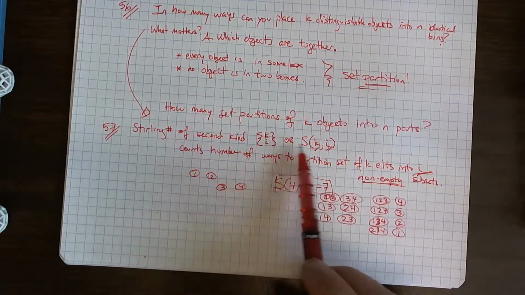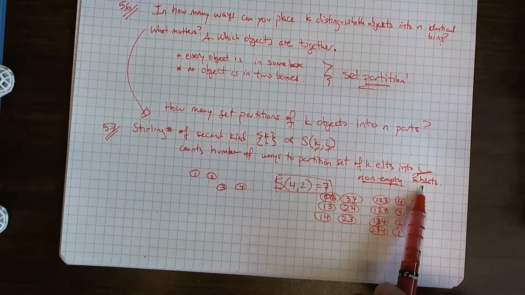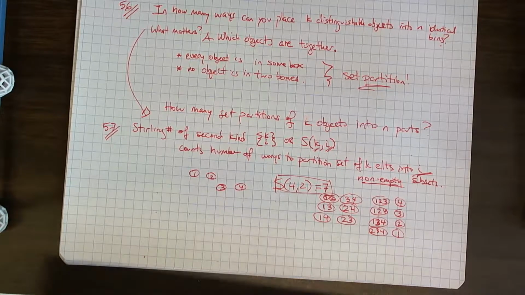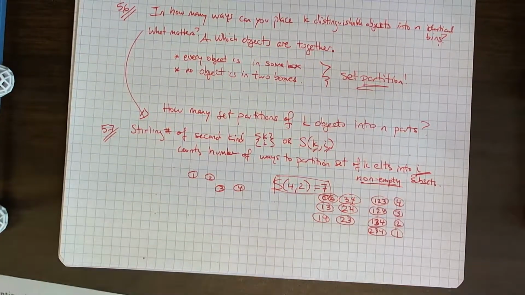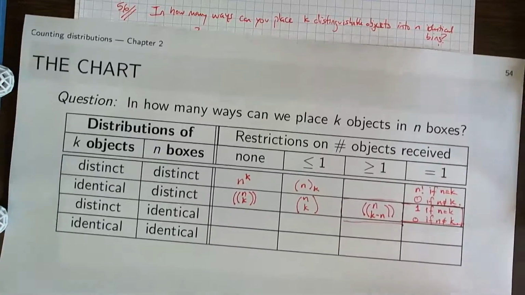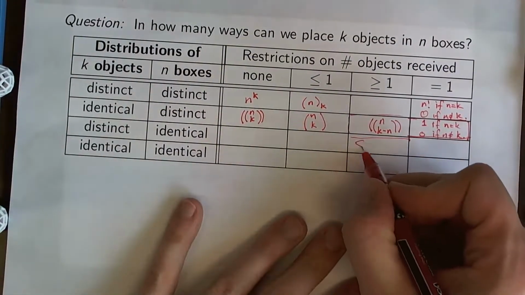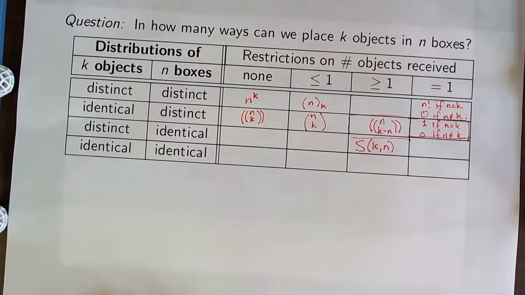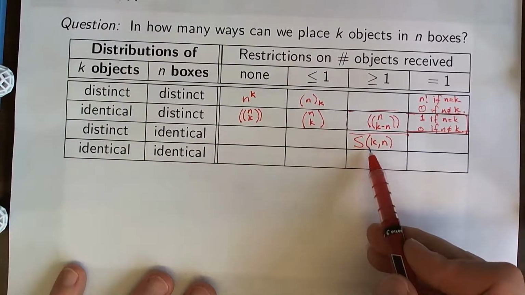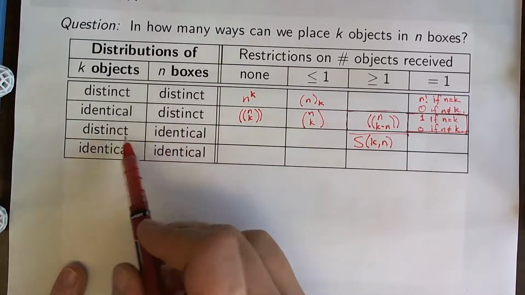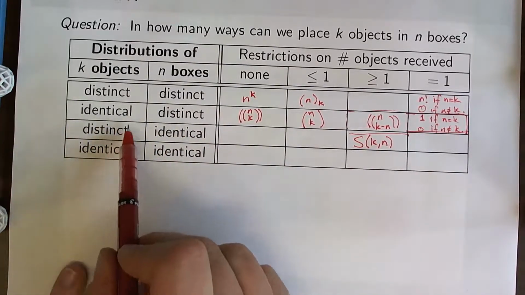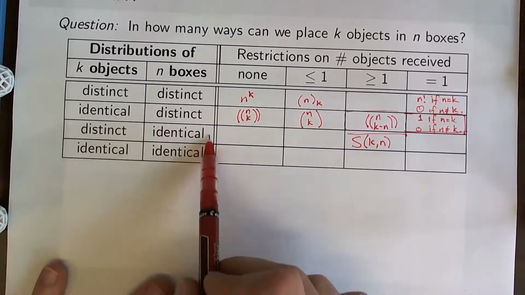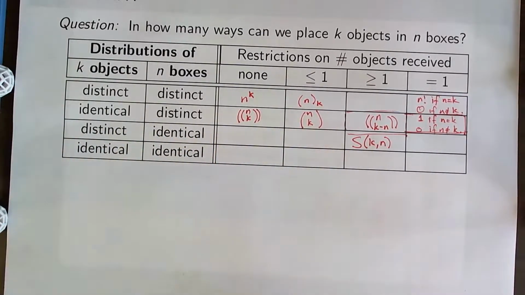So in our chart, that's going to go in a place. These are non-empty. S sub k,n. Right. So how many ways can we put k different objects into n of the same boxes? That's S sub k,n.